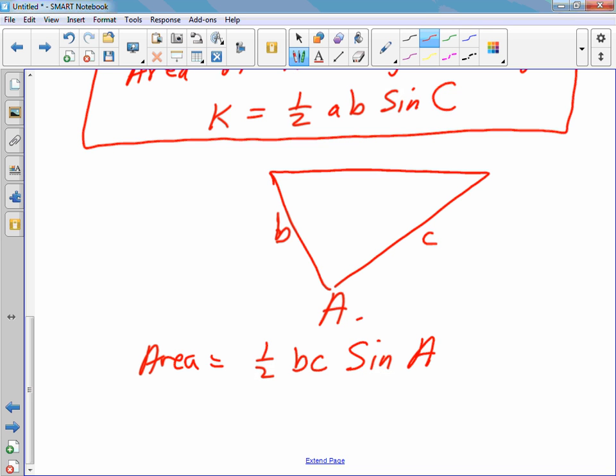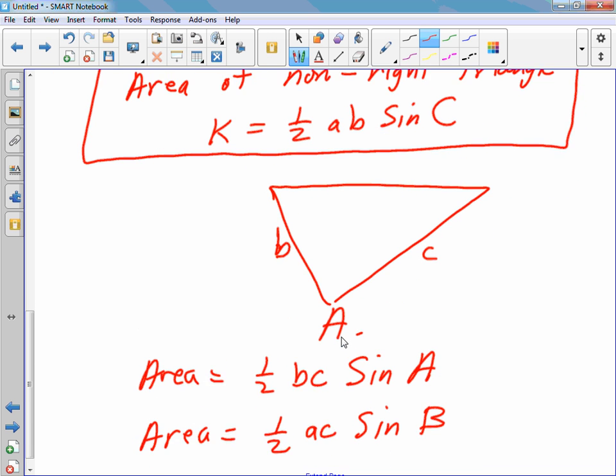See, so it works. It doesn't have to be in this exact order, okay? And then what would the other one be? Area equals 1/2 AC sine B. Good. Because, let's be honest, it's the same triangle. The area doesn't change. Okay? So that is really, really useful.